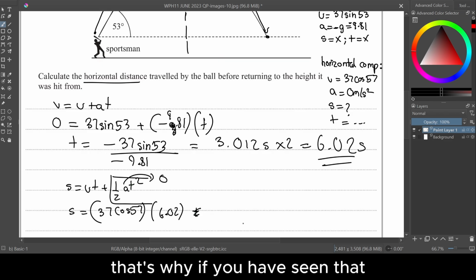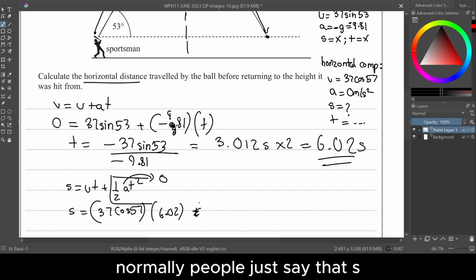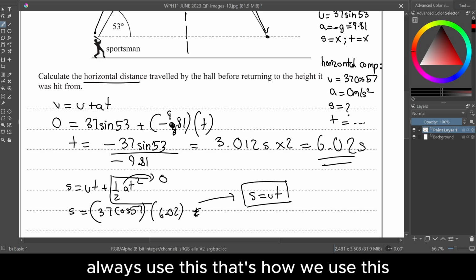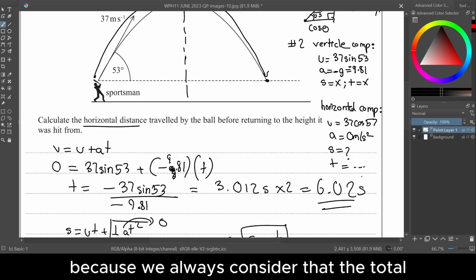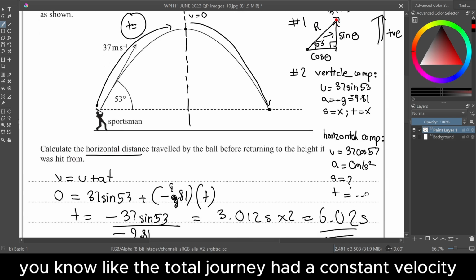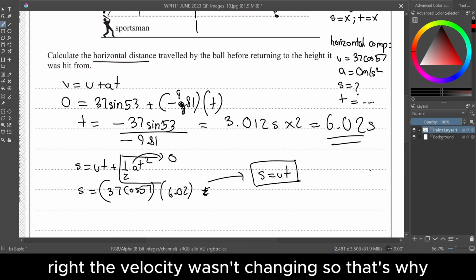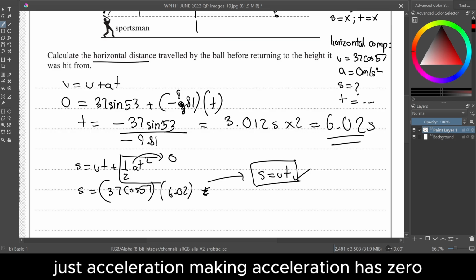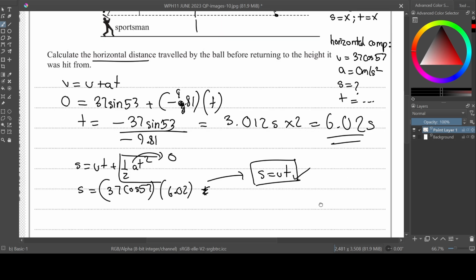That's why normally people just say that s is equal to ut for horizontal components. We always consider that the total journey had a constant velocity, the velocity wasn't changing, so we make acceleration 0.